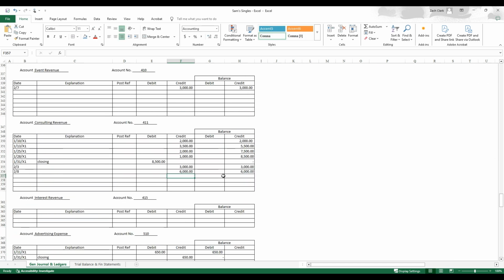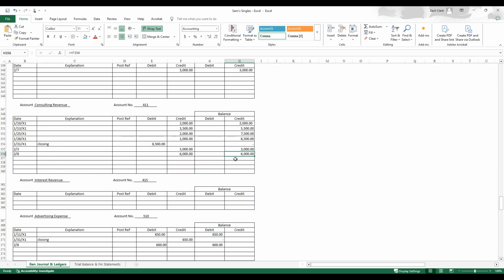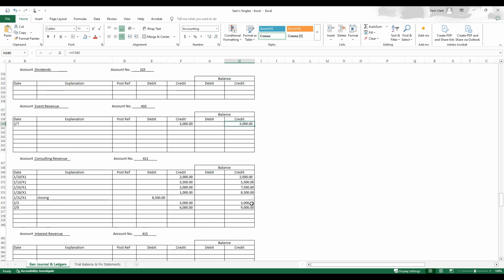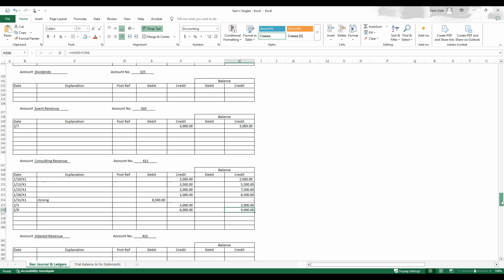Boom. Okay. That's funny. We need to add those together. For some reason it wasn't adding. So we're up to 9,000 in consulting revenue for this month so far. We've got 3,000 in event revenue, so total revenue of 12,000.